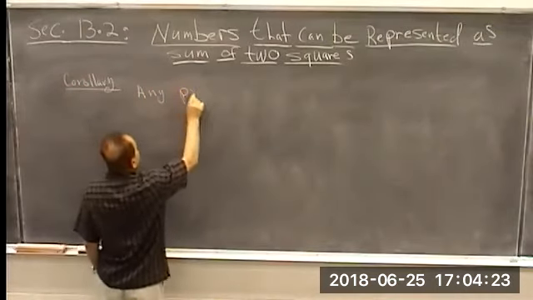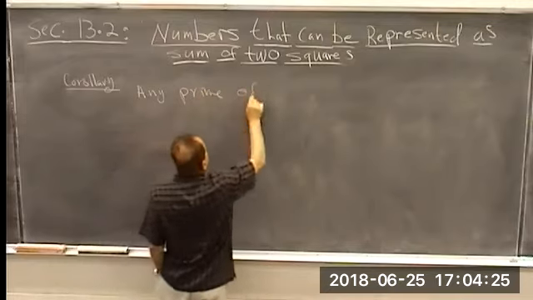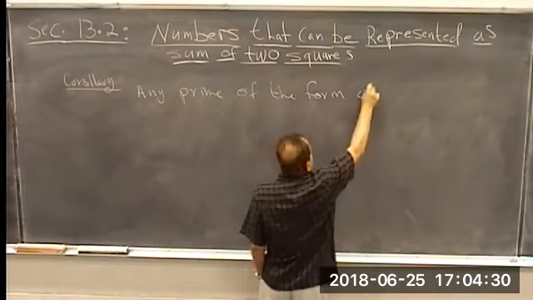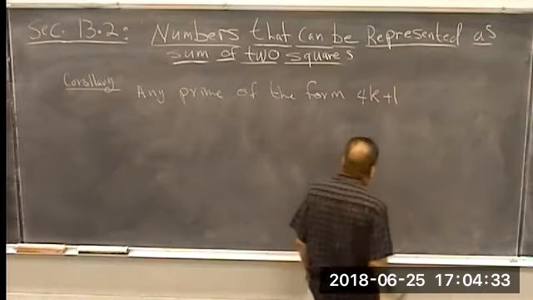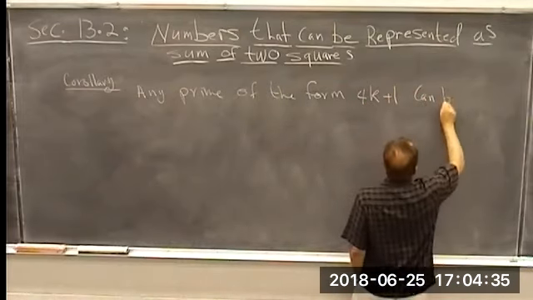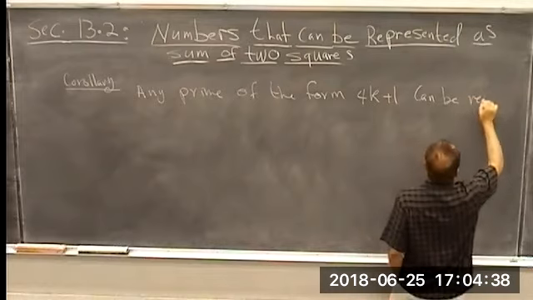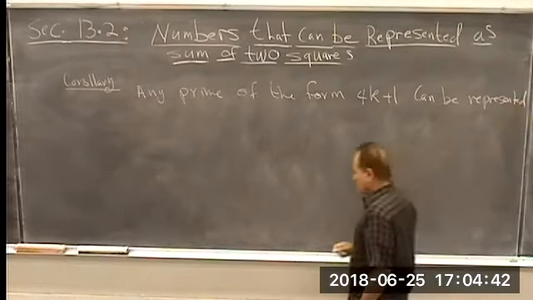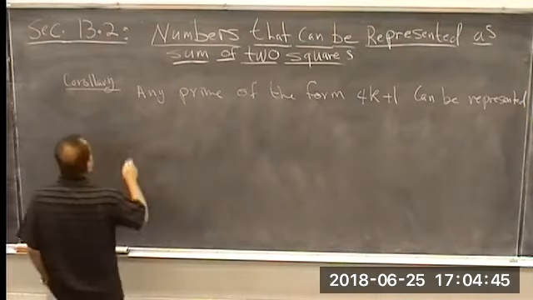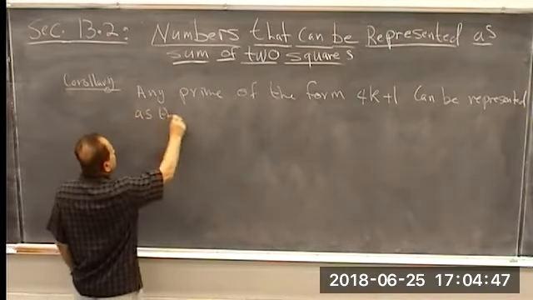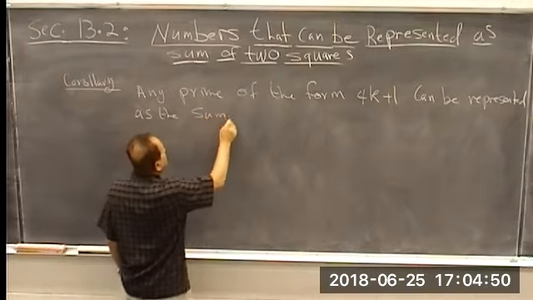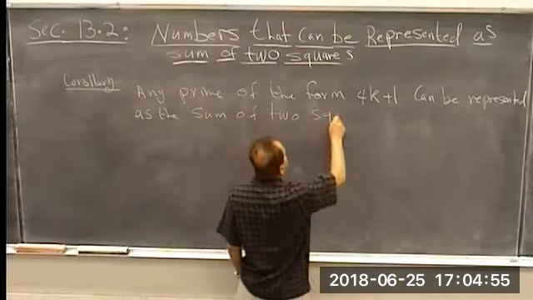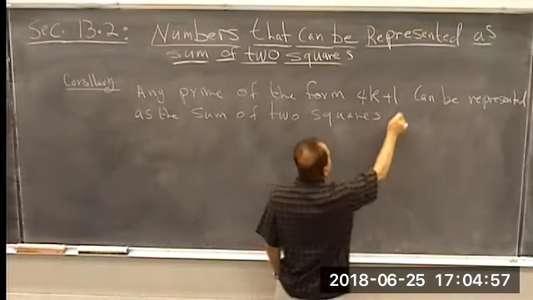Any prime of the form 4k plus 1 can be represented as the sum of two squares uniquely.